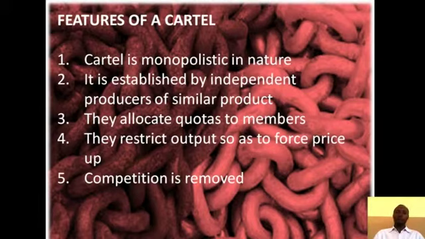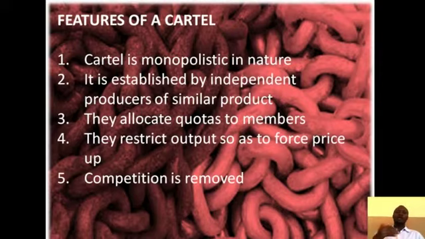So each member has his or her own allocation. Nigeria, for instance, that is a member of OPEC, has its allocation, its quota that it can supply to the oil market. Four, they restrict output so as to force price up.